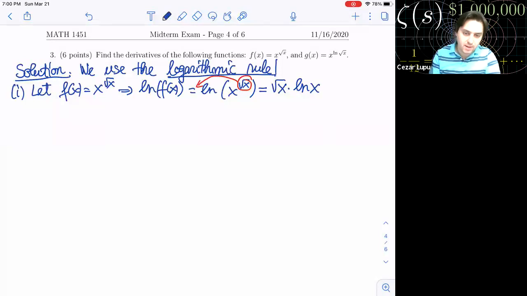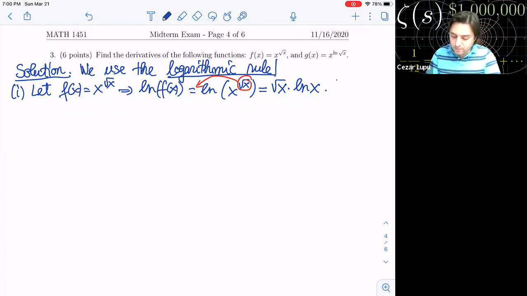You mean square root of x, not x ln of x, right? Okay. Right, Jonathan? That's what you mean, I hope. All right, great. And now we know that ln of f of x is square root of x times ln of x.